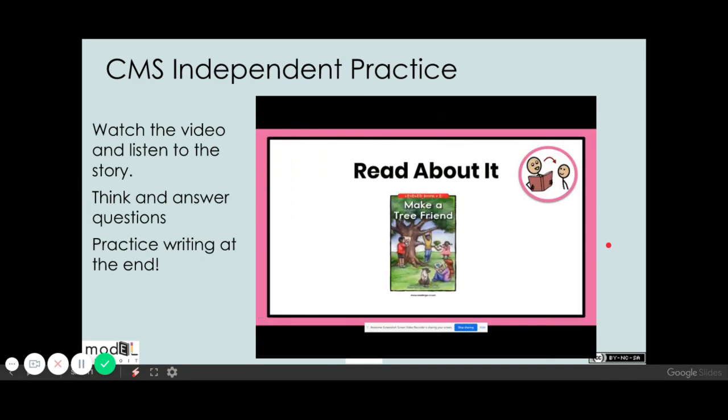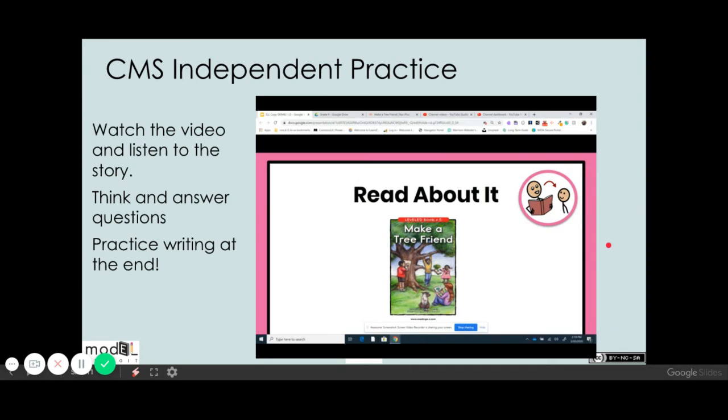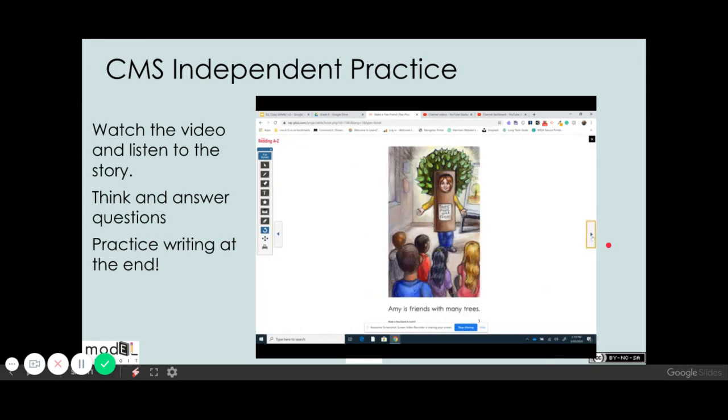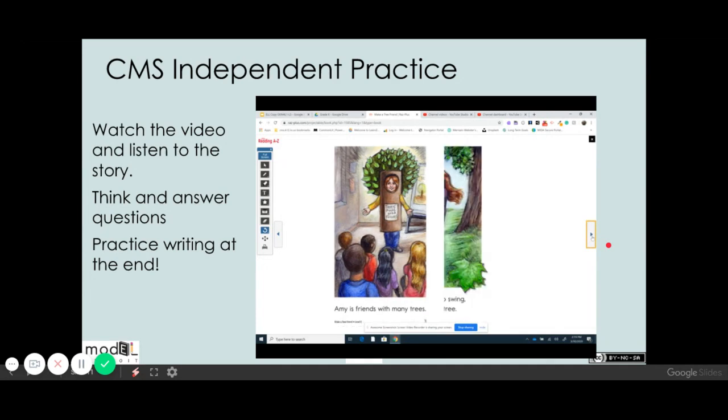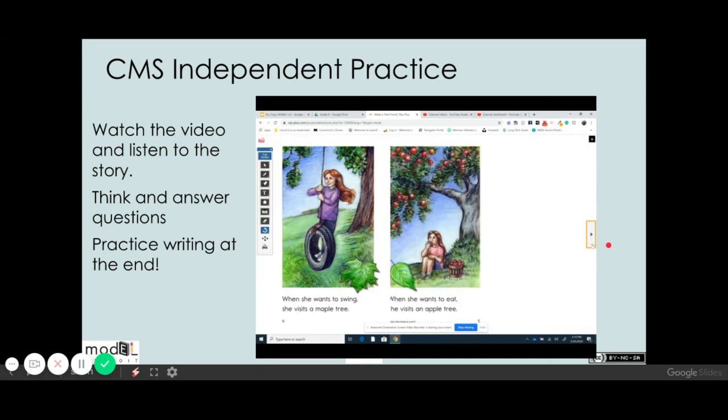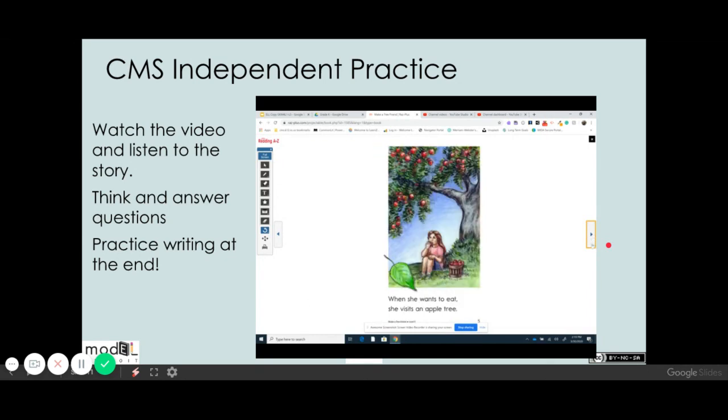Now let's read. Make a Tree Friend by Elise Sweeney, illustrated by Joanne Renaud. Amy is friends with many trees. When she wants to swing, she visits a maple tree. When she wants to eat, she visits an apple tree.